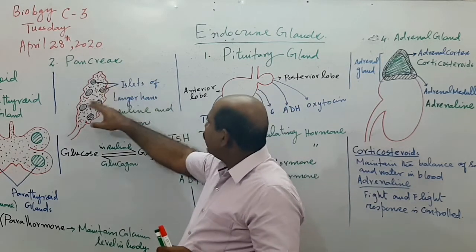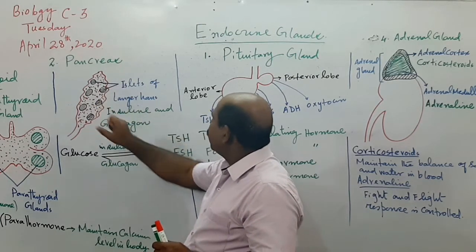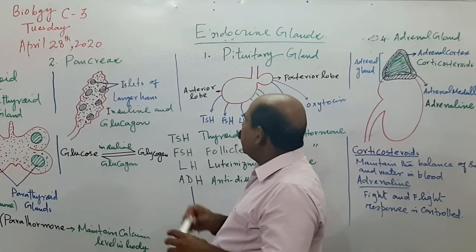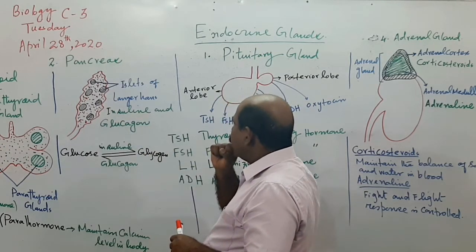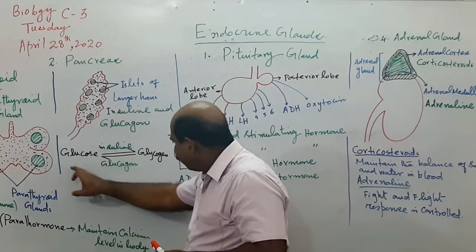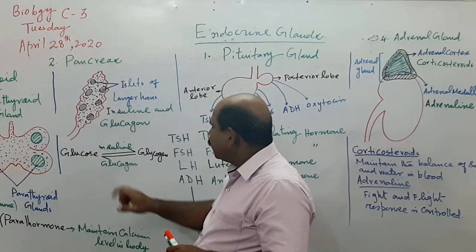There are a large number of blood capillaries which take the hormones insulin and glucagon from the pancreas to the different organs, particularly the liver, where this chemical reaction or conversion is going on.